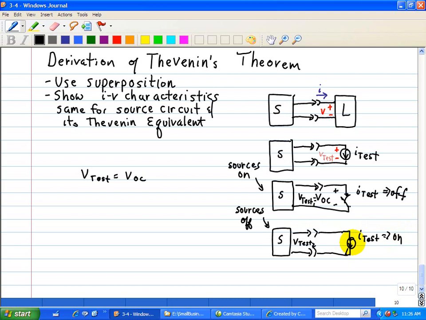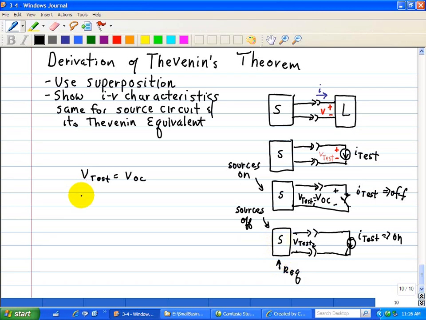In this case, when we turn all this off, there's going to be a resistance between these two terminals, which we'll call R equivalent. You can use series and parallel connections to help simplify what that single resistor is and give us the R equivalent.